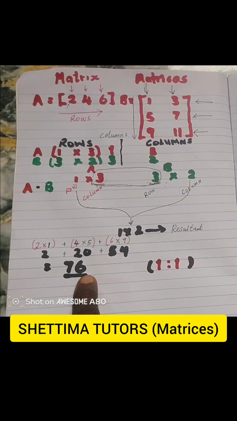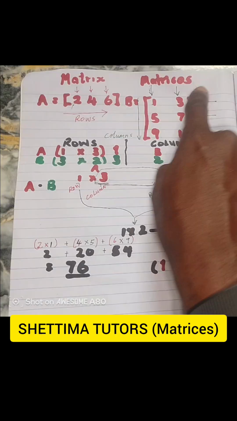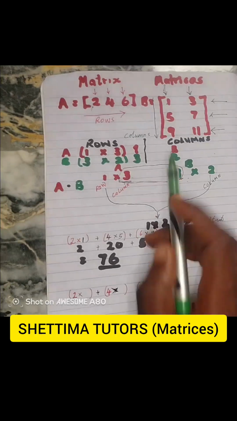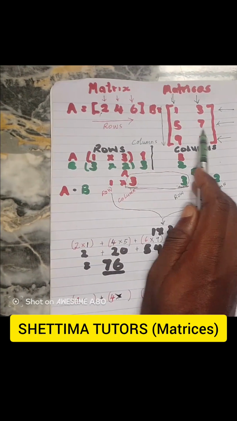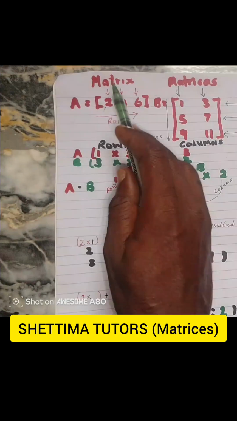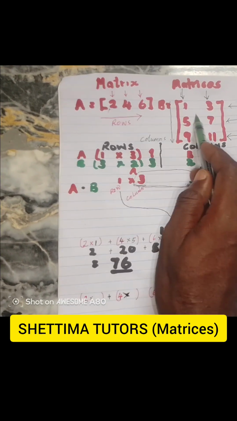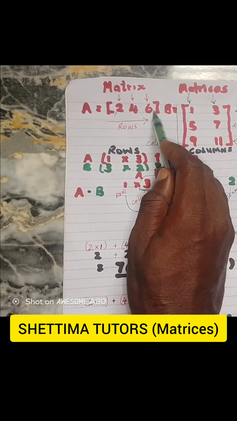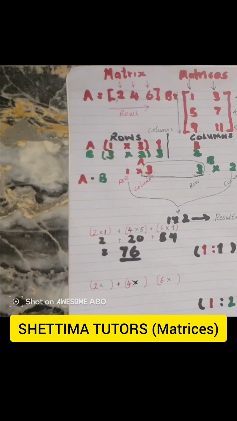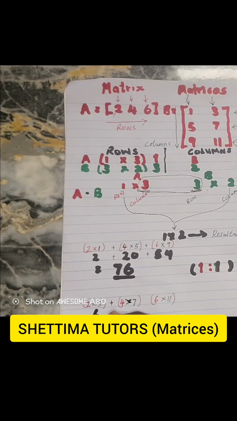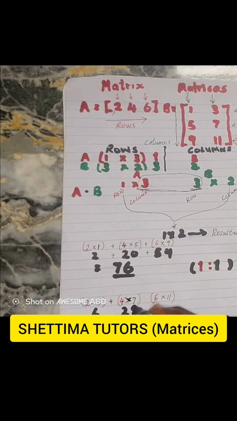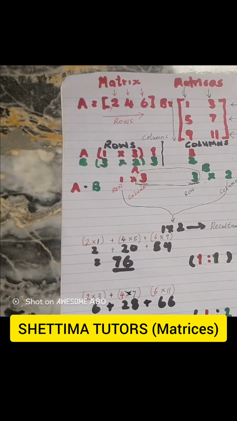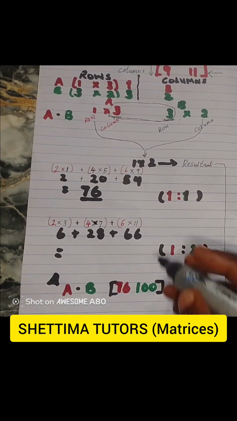Now I want to go to the first row, second column. That is 2 times 3, plus 4 times 7, plus 6 times 11. 2 times 3 is 6, 4 times 7 is 28, and 6 times 11 is 66. Adding them all together, you get 100.